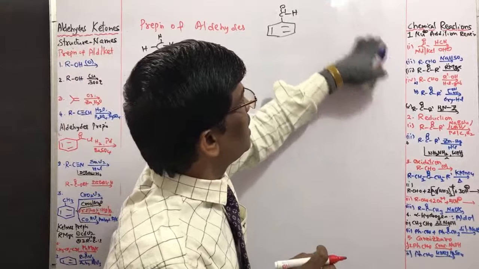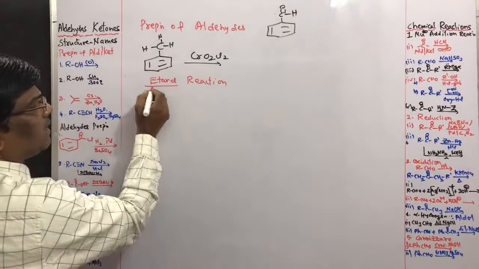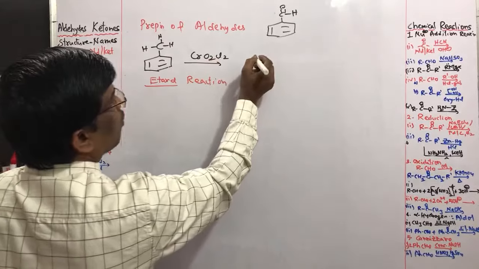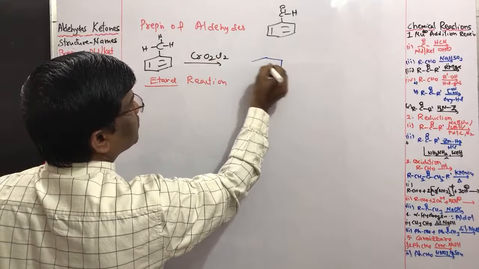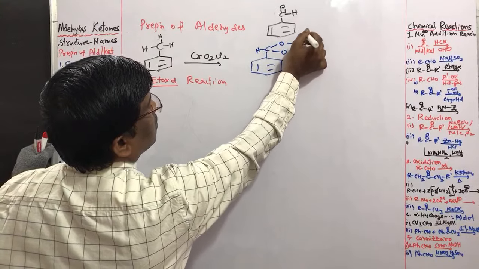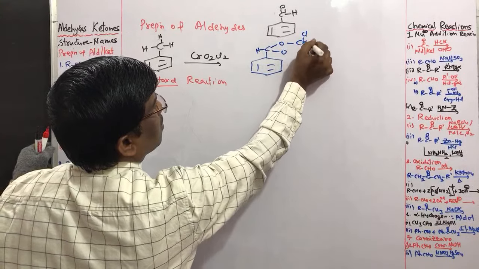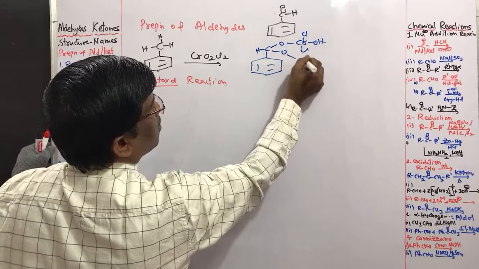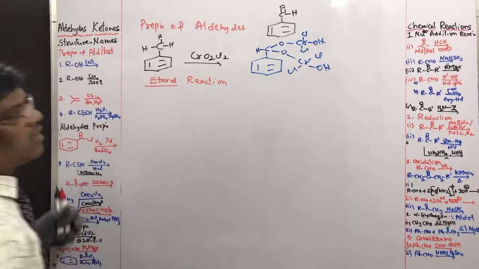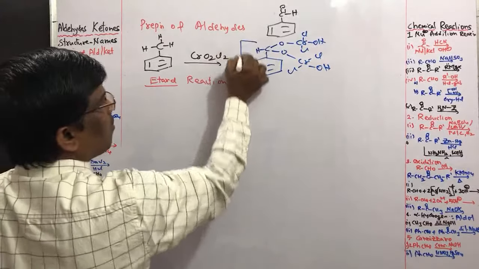So when it comes to this benzaldehyde preparation, Etard reaction, chromyl chloride, it is going to form chromyl complex. This is chromyl complex.